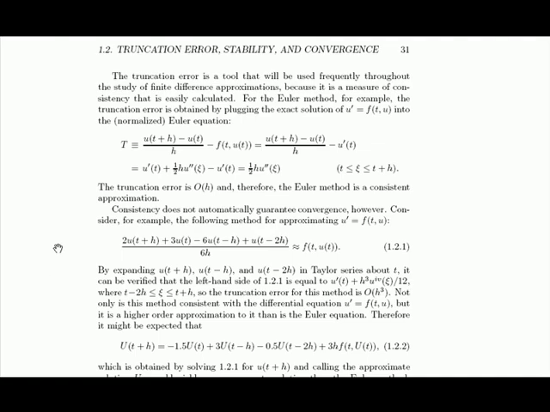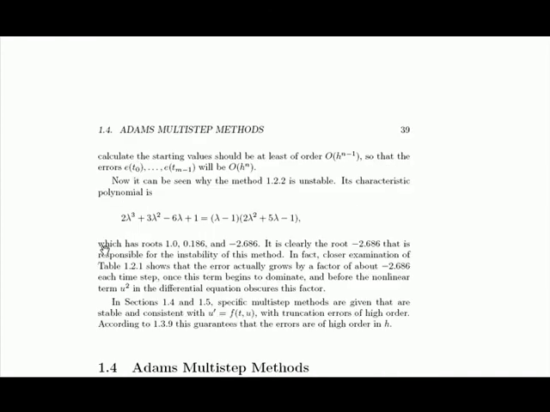Now remember our unstable method here. This is a multi-step method, and it's very consistent. The truncation error is order h cubed. The characteristic polynomial would be 2 lambda cubed plus 3 lambda squared minus 6 lambda plus 1 equals 0, and the roots of that are shown here.